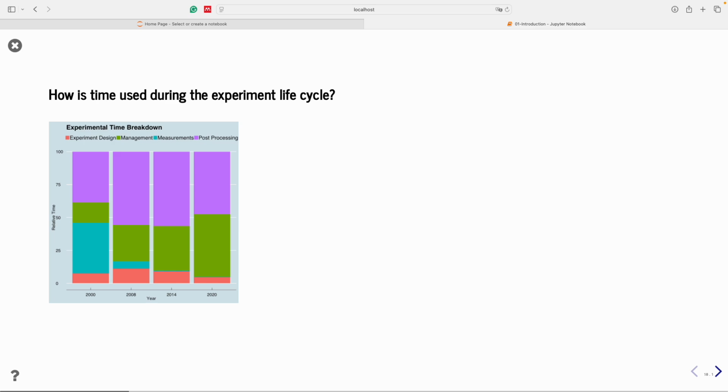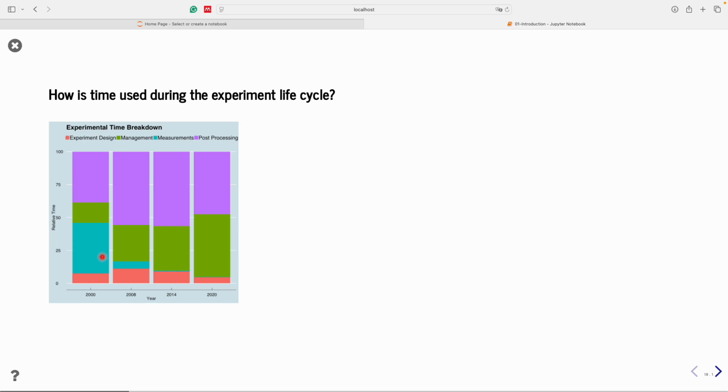Then you did the actual measurement, which took a remarkable part of the time. Data management didn't take that much time because back then you didn't produce that much data. There were no streaming detectors, and experiments were a lot slower. And then you did some post-processing.